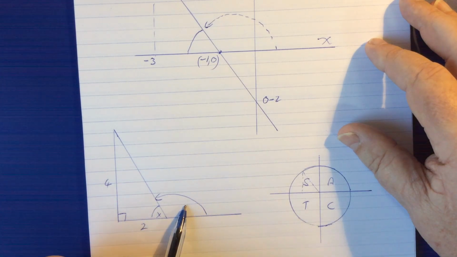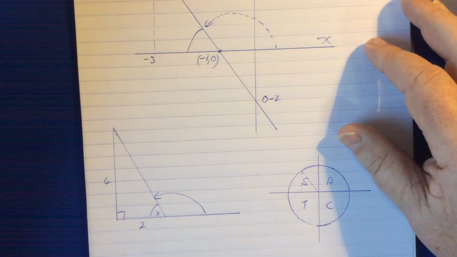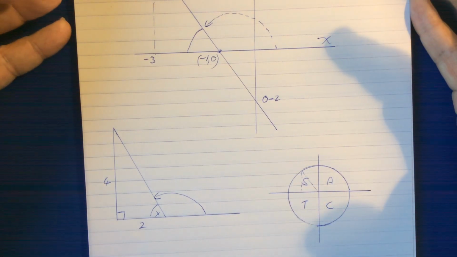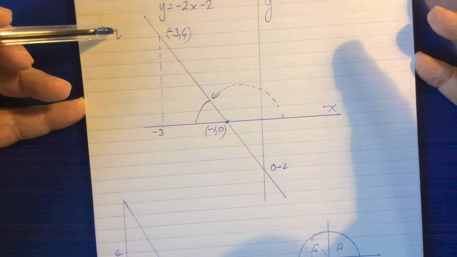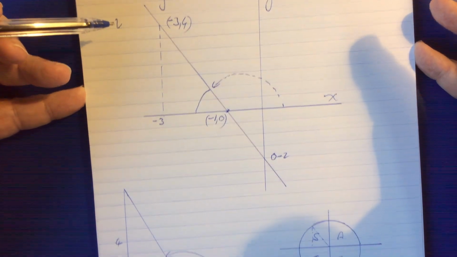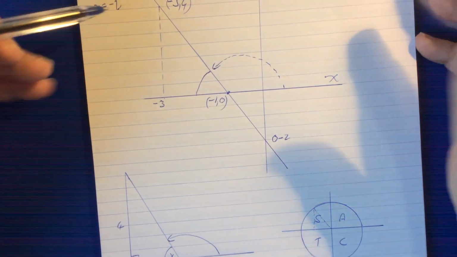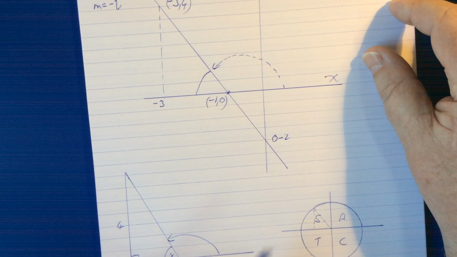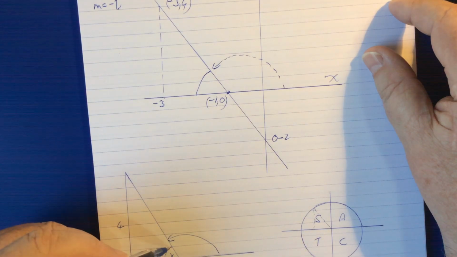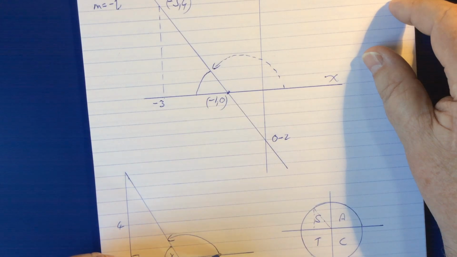We won't find this. So the negative gradient tips us off to the fact that we're looking for something potentially in this quadrant of the unit circle, and therefore our tangent will be negative. We will work this out, but we are actually finding this angle.